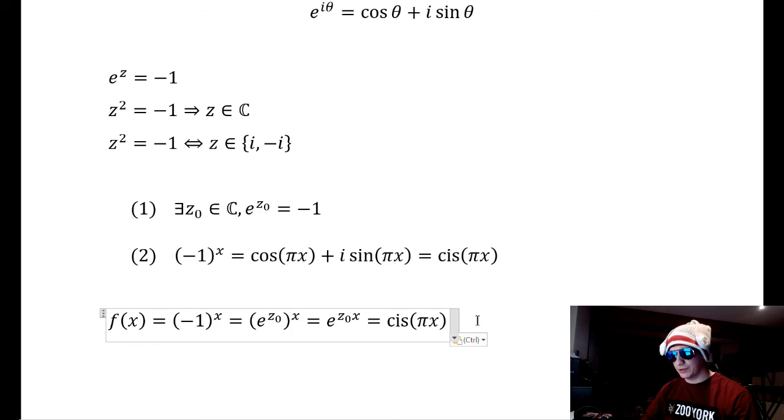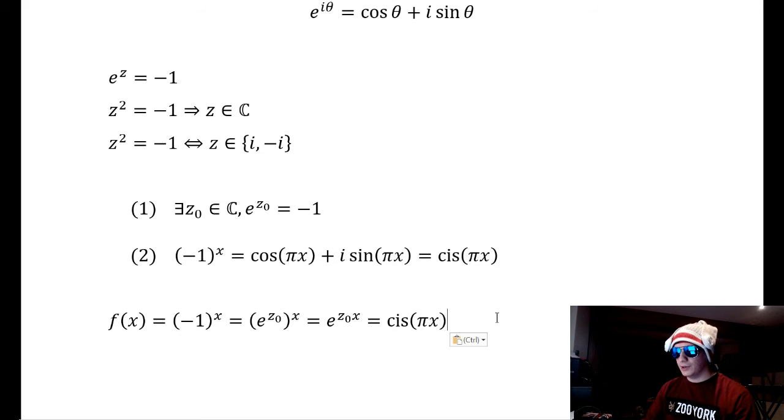Now you might be wondering, if z naught is a complex number, does the rule e to the z naught to the x equals e to the z naught x still apply?